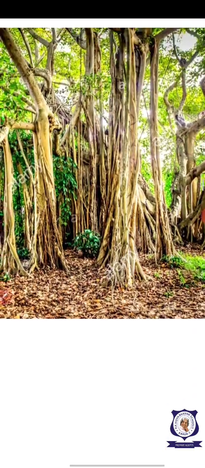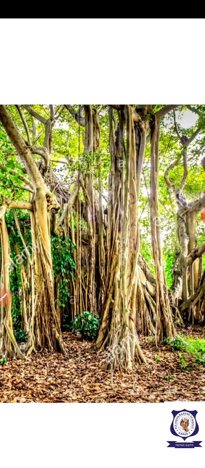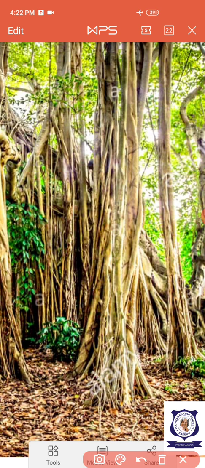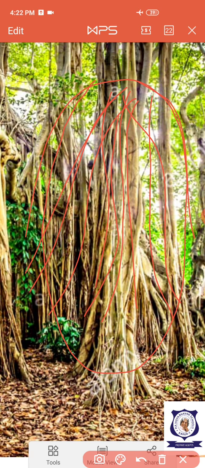Prop roots, for giving extra support. You see prop roots in this picture. The banyan tree has many branches. From those branches adventitious roots are given out, and these roots give extra support for the banyan tree. Even if its original roots become ruptured or decay, these adventitious roots help the tree to keep straight, to survive.